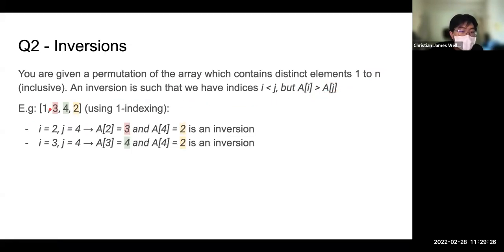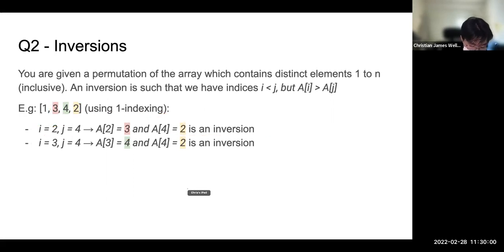For example, if I have 1, 3, 4, 2 here, and I look at index i and j, this index over here and over here, A2 is 3 and A4 is 2. Focus on 3 and 2: the element to the left, 3, is greater than 2. So this pair is an inversion.